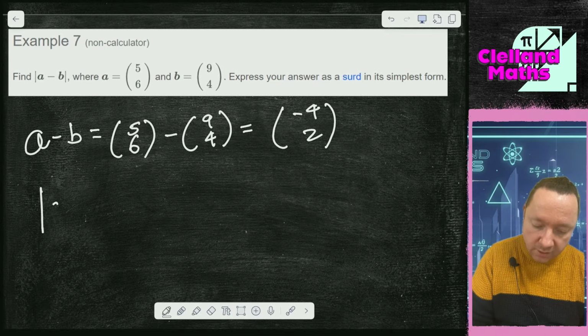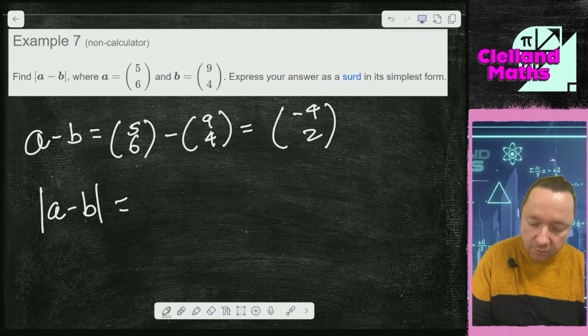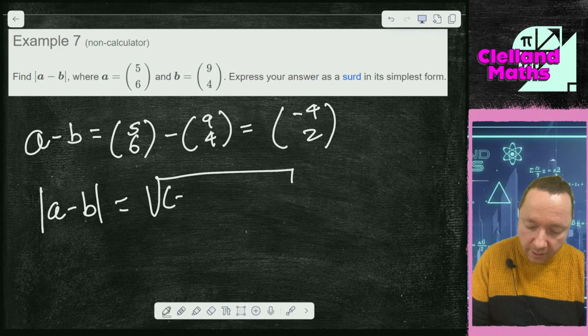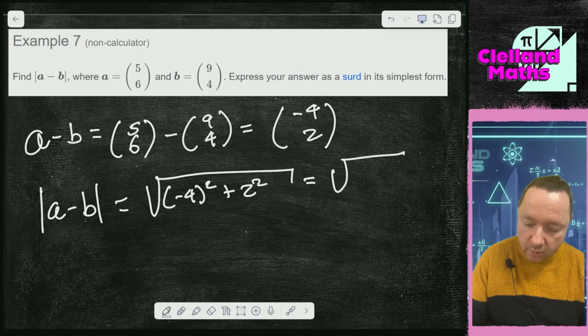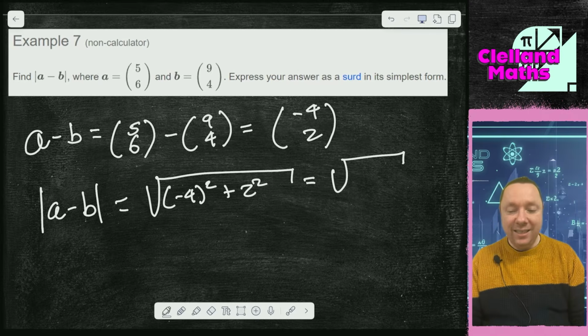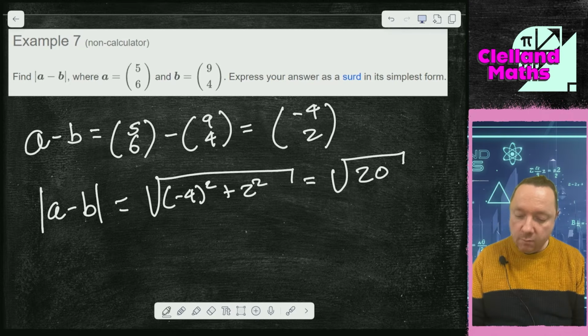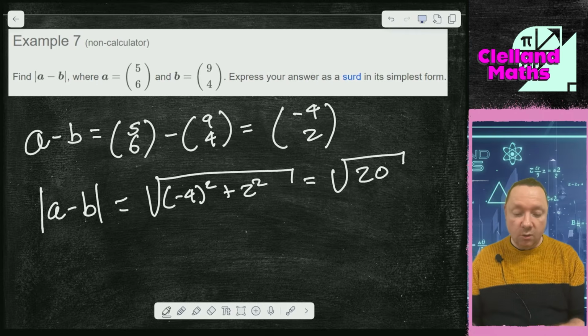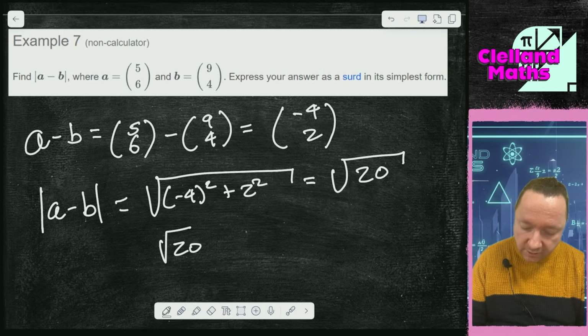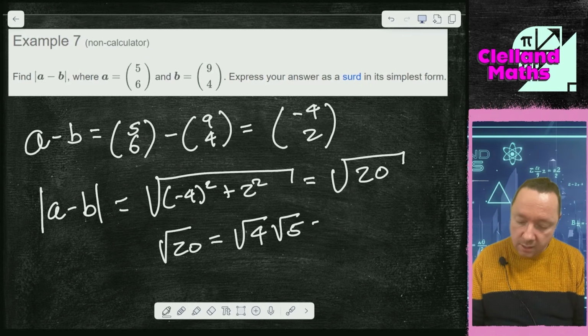So that means that the magnitude of a minus b is equal to the square root of minus 4 squared plus 2 squared. That's the square root of, well, 16 plus 4 is 20. Well, that's not a surd in its simplest form. So this is non-calculator. So now we'll just simplify the surd. Root 20, remember, is root 4 times root 5. If you need help, check my surds video, which is 2 root 5.